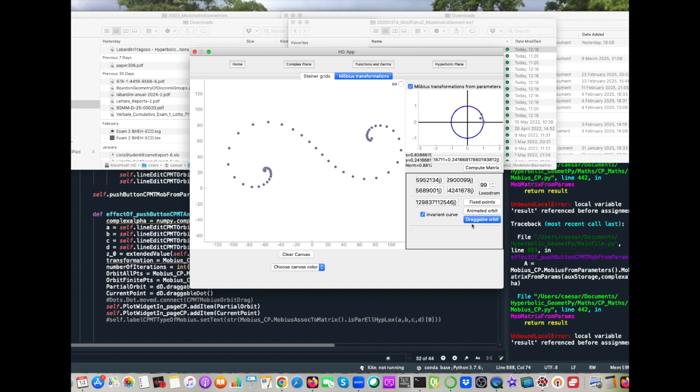And now the invariant curve. Again, I'm not saying that the invariant curve is an orbit; I'm saying it's a union of orbits. If you move a little bit, you see how the corresponding curve moves.